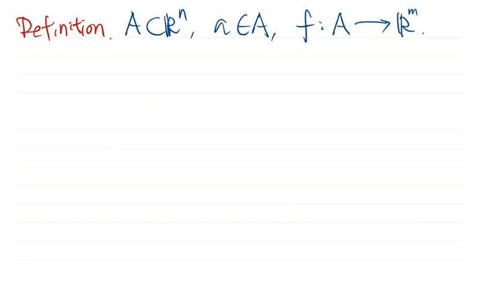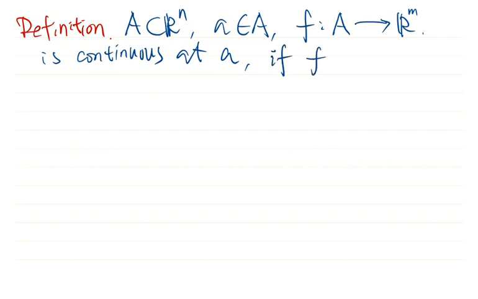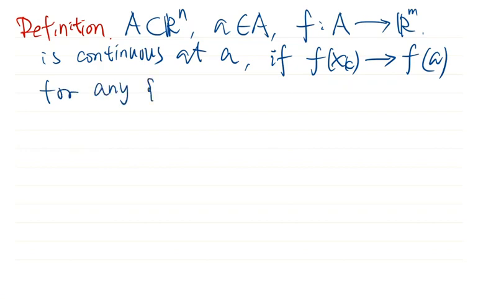Then we say that this function f is continuous at this given point a, if the following condition is satisfied: f(x_k) converges to f(a) for any sequence x_k in A such that the sequence converges to a.